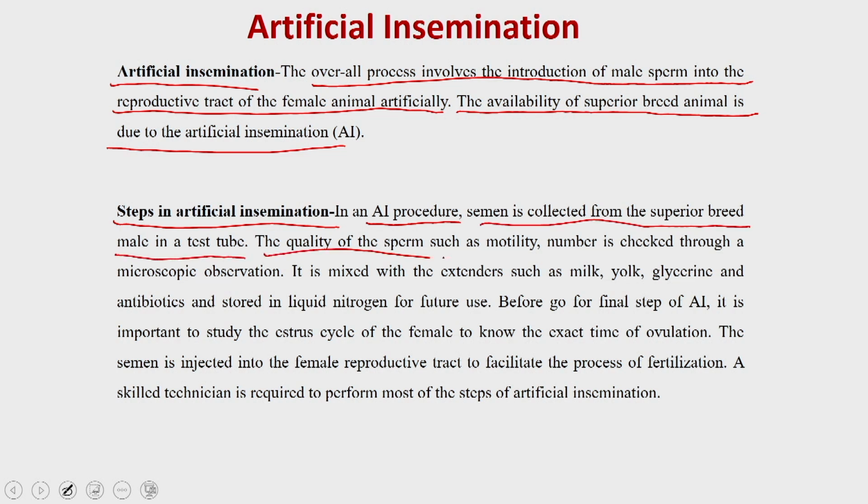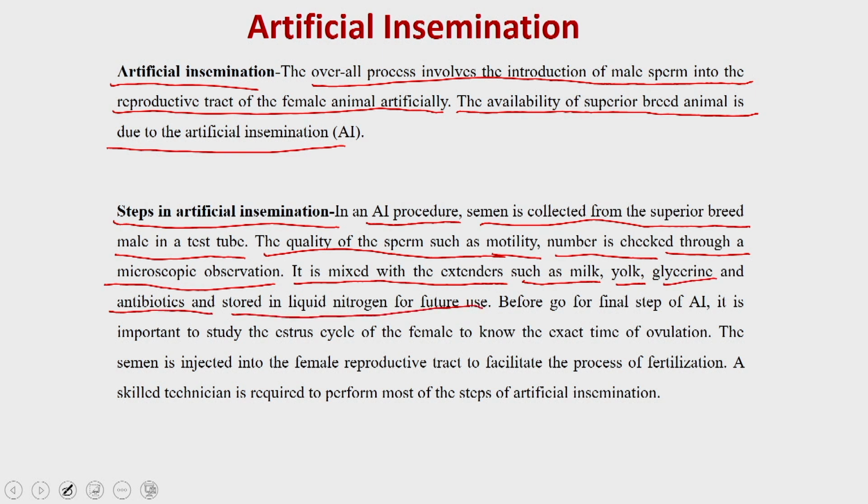The quality of the sperm, such as the motility and the number of sperms in the semen, is checked through microscopic observation, and then it is mixed with extenders such as milk, yolk, glycerine as well as antibiotics, and then stored in liquid nitrogen for future use.